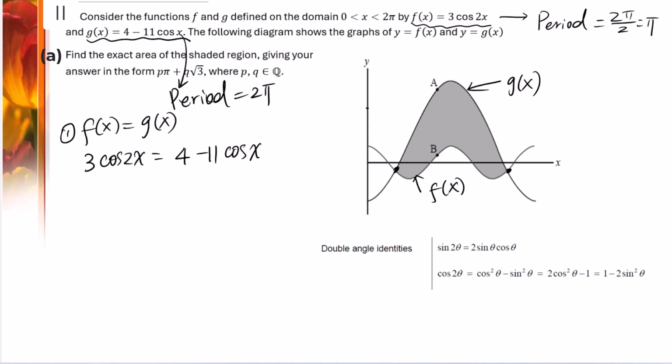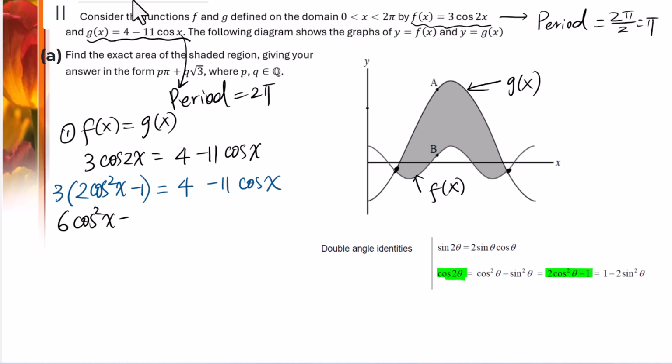Let's use the double angle formula so that we get only cosine x as a variable. 3 times 2 cosine squared x minus 1 equals 4 minus 11 cosine x. So 6 cosine squared x minus 3 equals 4 minus 11 cosine x.